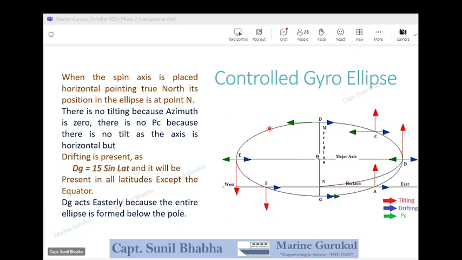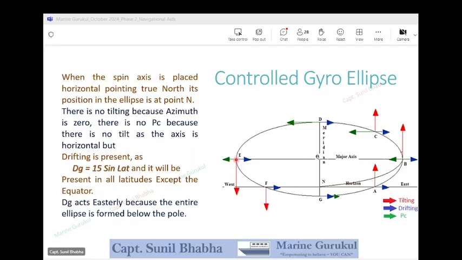As you go down, the tilt reduces, and as the tilt reduces, the control precession also becomes weaker and weaker. And at point echo, the control precession has become so weak that it is now barely equal and opposite to the easterly drifting. So again at point echo, the easterly drifting and the westerly control precession cancel out each other.